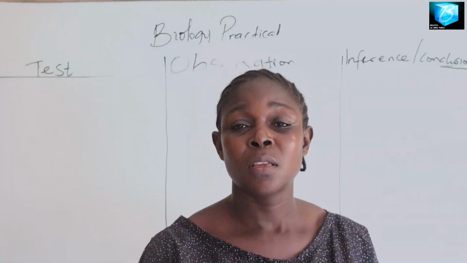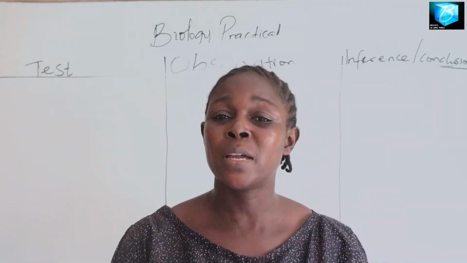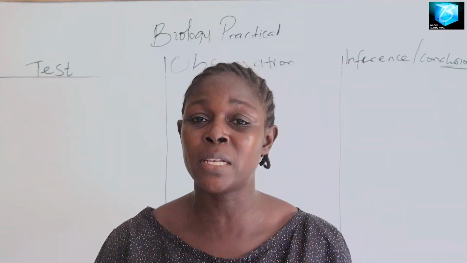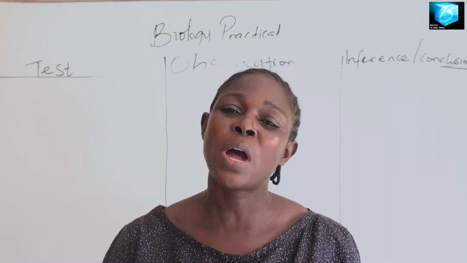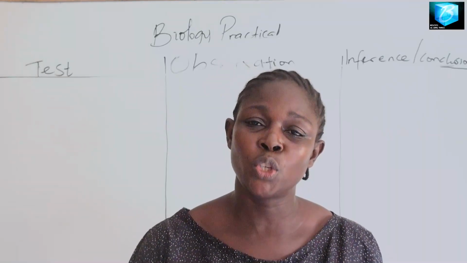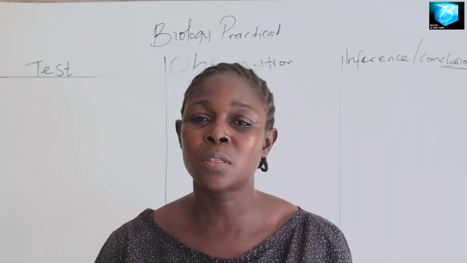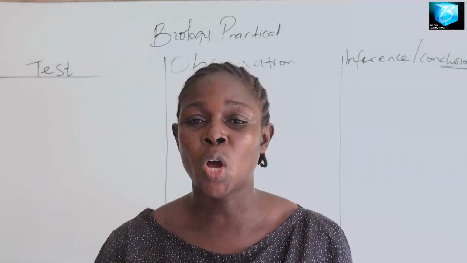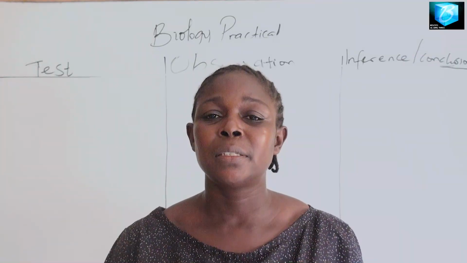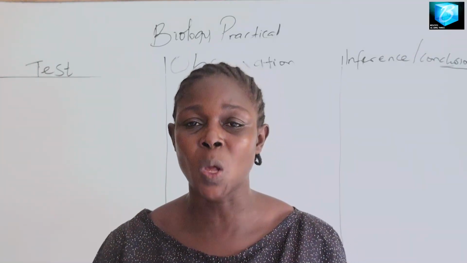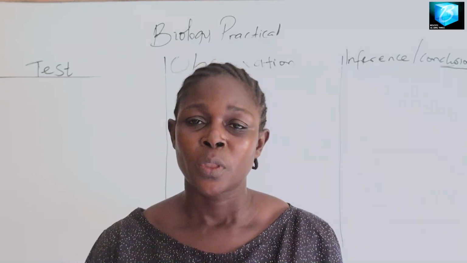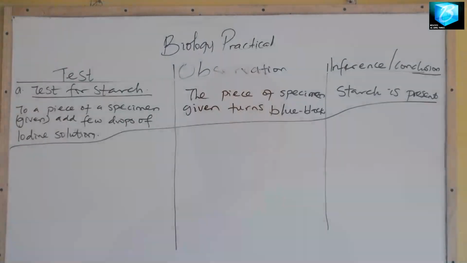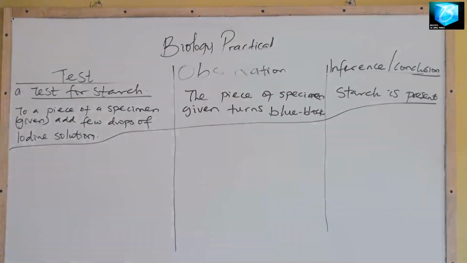The surface of the tuber is usually plain, but immediately you apply iodine solution, the surface turns to blue-black. So there is a color change, and that is a positive result. Therefore, in your conclusion, what you are expected to write is that starch is present.